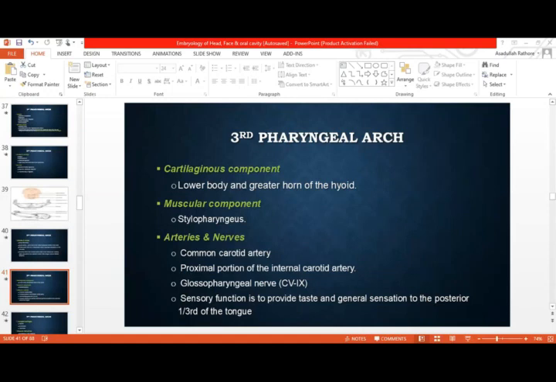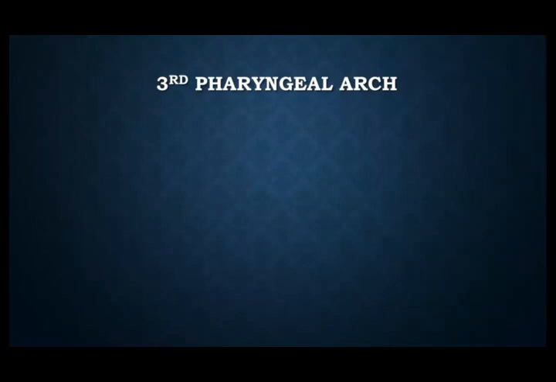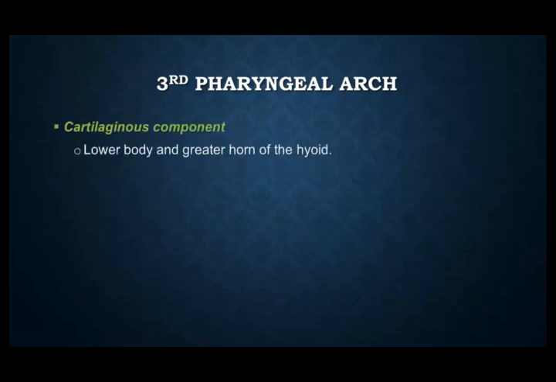We discussed the different components of the first two arches, and now we will go through the last two arches involved in the formation of different components of the facial and neck region. The third arch is involved in the formation of the lower body and greater horn of the hyoid bone.